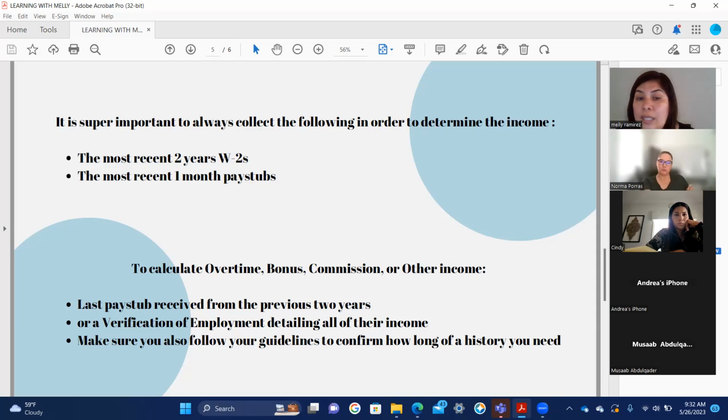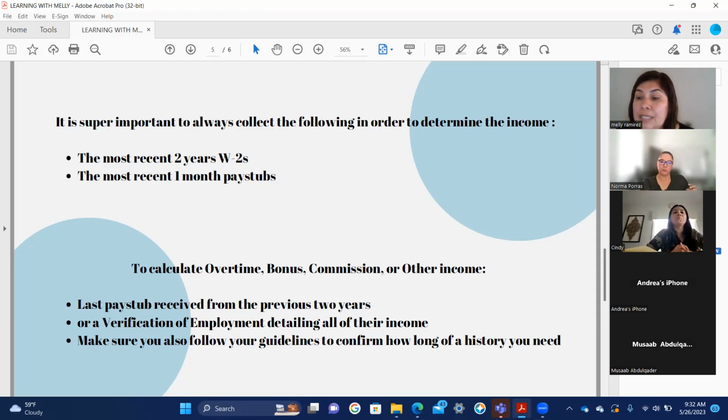And again, there are other rules that apply to every client. As you already know, if you're working with someone who works off commission and their commission is declining, FHA has different rules, conventional has different rules, Fannie Mae has different rules.